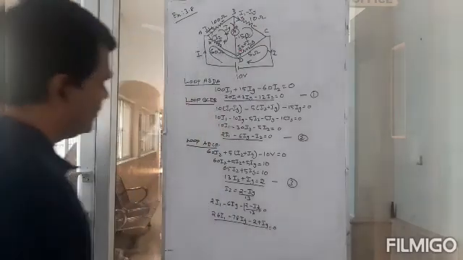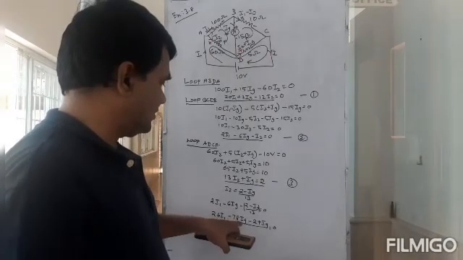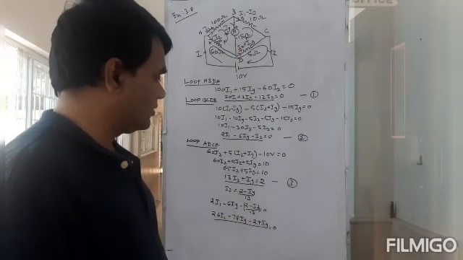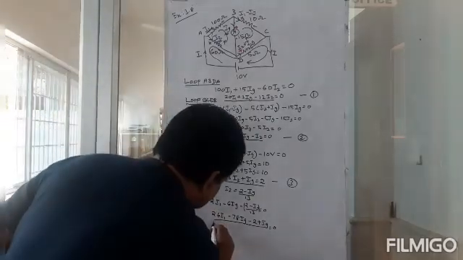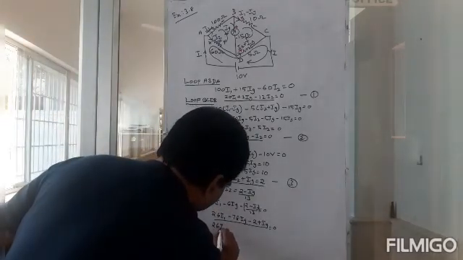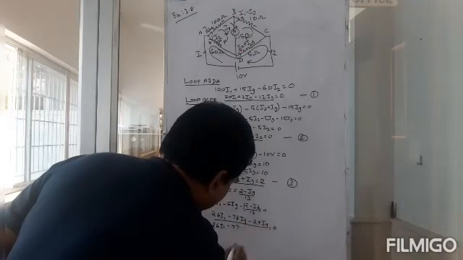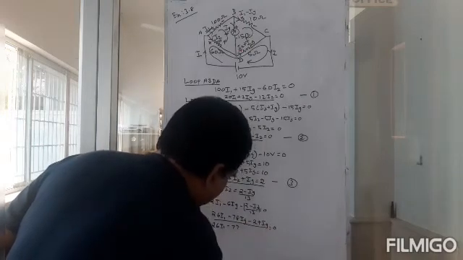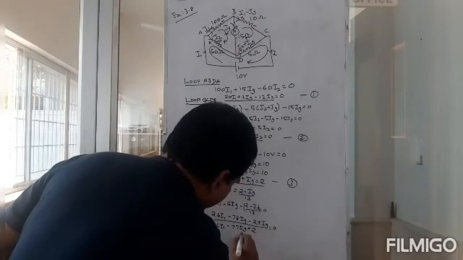So it is simply 26 I1 minus 78 Ig minus 2 plus Ig is equal to 0. So that gives you 26 I1 minus 77 Ig, right? 78 minus 78 plus Ig. So 26 I1 minus 77 Ig is equal to 2.